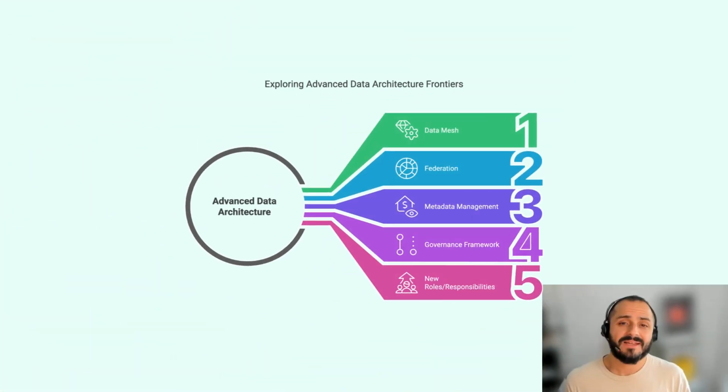Finally, data mesh and federation remain some of the more advanced frontiers in data architecture. Implementing a data mesh requires a shift in how you think about accountability and ownership, placing it squarely in the hands of the teams that produce or heavily rely on particular data domains.